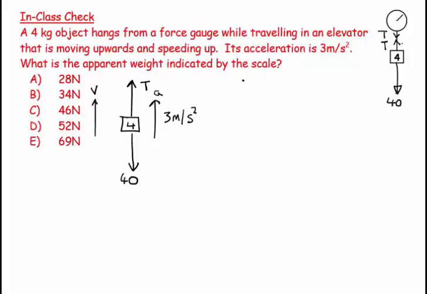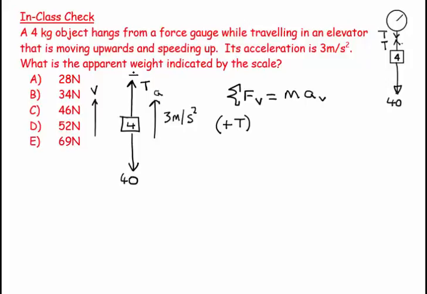So there's my diagram. And I say to myself, okay, let's apply Newton's laws. The sum of the forces vertically must equal, well, it's accelerating, so it must be equal to ma vertically as well. So we can look at our diagram, and we can say plus T, because that's pointing upwards.